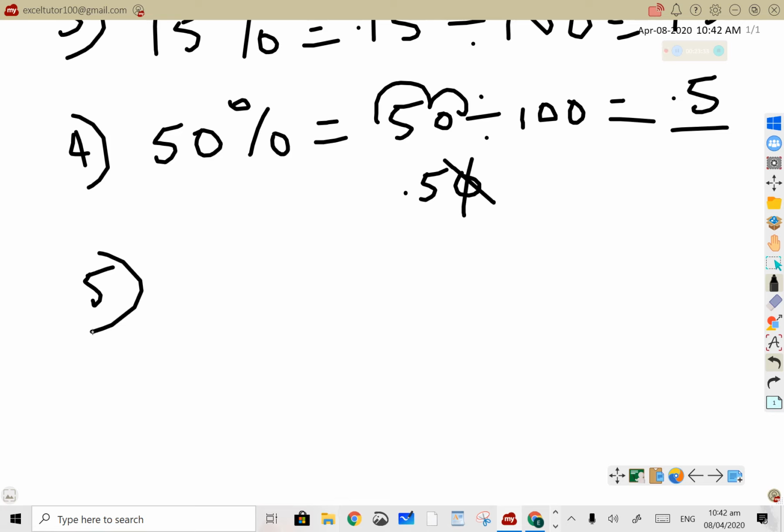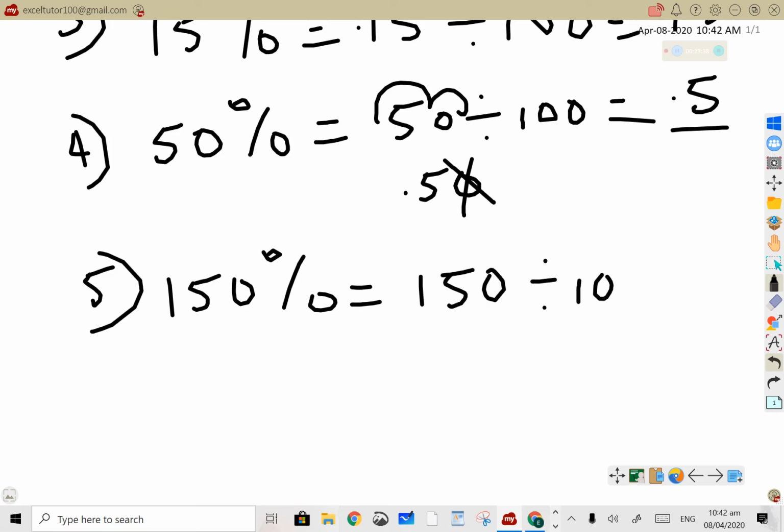If we have 150%, it will be 150 divided by 100. And we move our point 2 spaces, so therefore our answer will be 1.5. Again, it leaves the 0 there without any value.